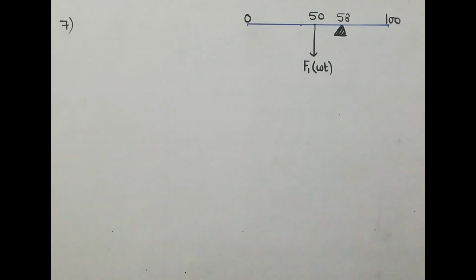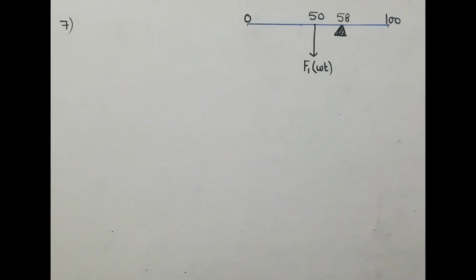The weight of the scale is making the scale rotate in the anti-clockwise direction. As you can see in the diagram, F1 will make the scale rotate in the anti-clockwise direction about the knife edge, which has been placed at 58. So here at 58 we have the point of rotation.